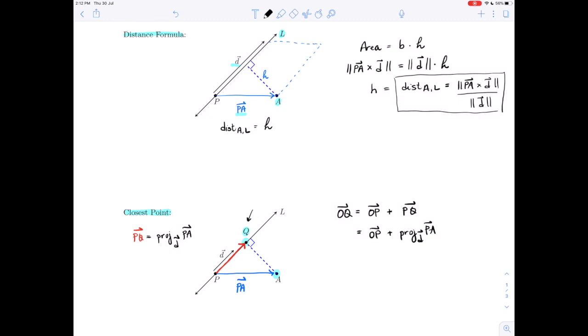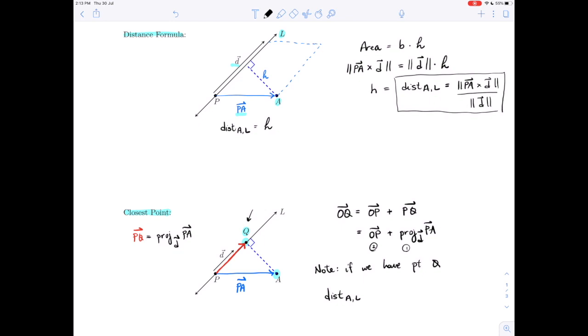So there is our procedure. We find the projection vector and we add it to the position vector of the point that we can see on the line. Now, a little something to note. If we have point Q, then that actually lets us calculate the distance in a different way.